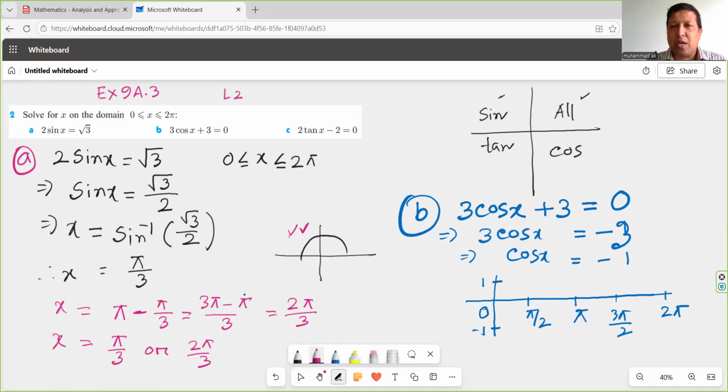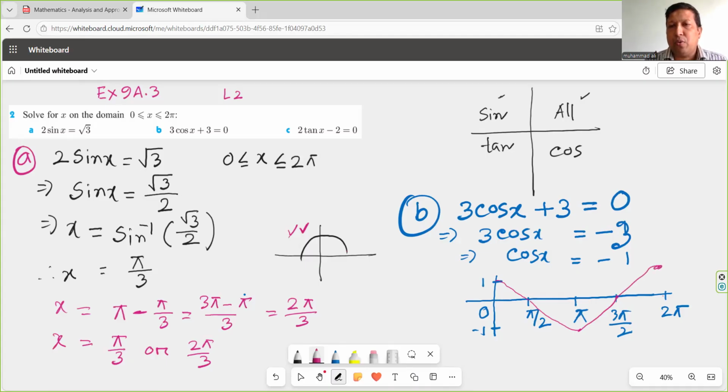If we sketch this curve, when x is 0, cos 0 is 1. When x is pi by 2, cos x equals 0. When x is pi, cos x equals minus 1. When x is 3 pi by 2, cos x equals 0. When x is 2 pi, cos x equals 1.